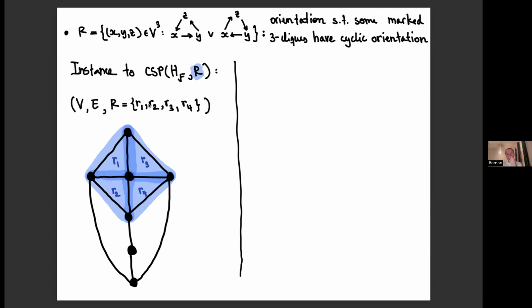Here I chose four: R1, R2, R3, and R4. And here the vertices are denoted by points. Then you have the edges. And then I want that those three vertices are mapped to R, that those three vertices, and that those three vertices are mapped to R. So they need to have cyclic orientations.